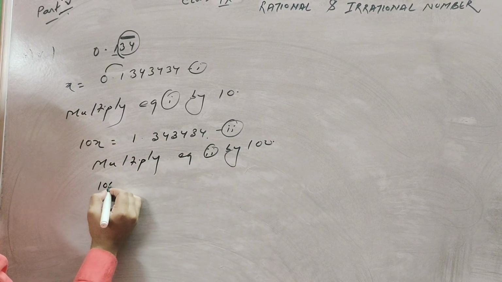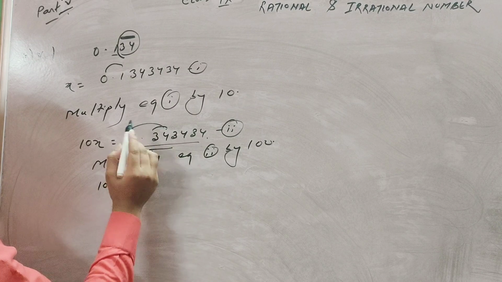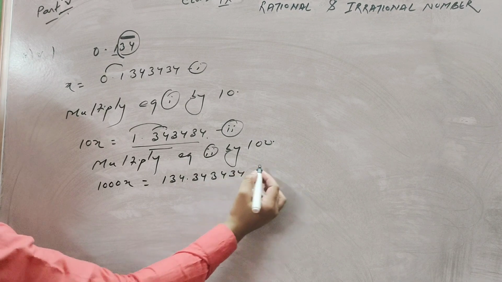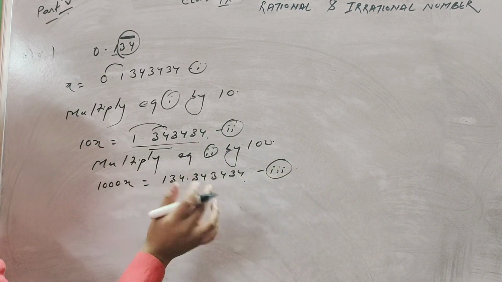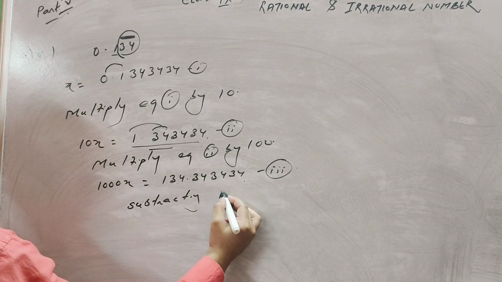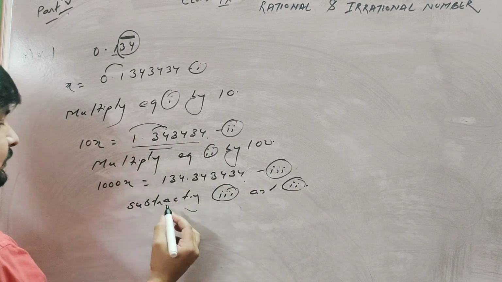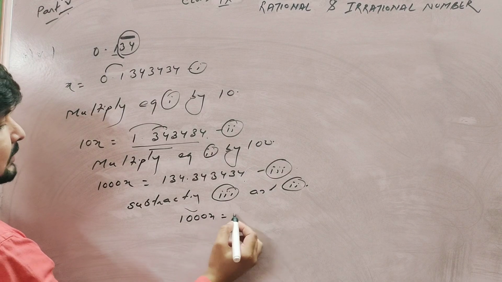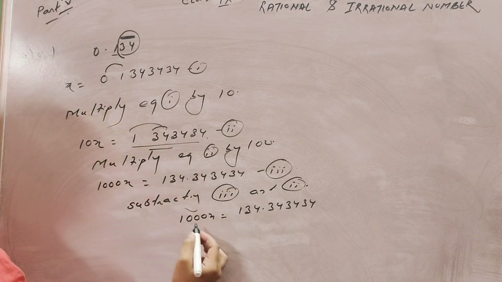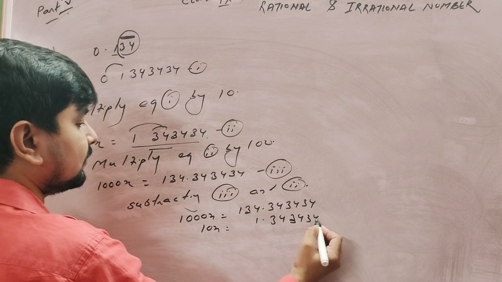So 10x gets 1000x, and when you multiply this one, these two portions come this side, that is 134.343434. This is your equation 3. Clear? Subtracting equation 3 and equation 2, that is 1000x equals 134.343434, and here is 10x equals 1.343434.